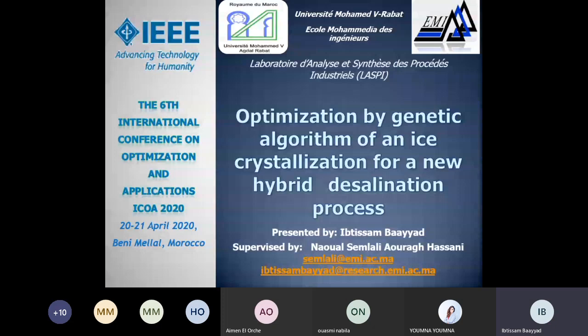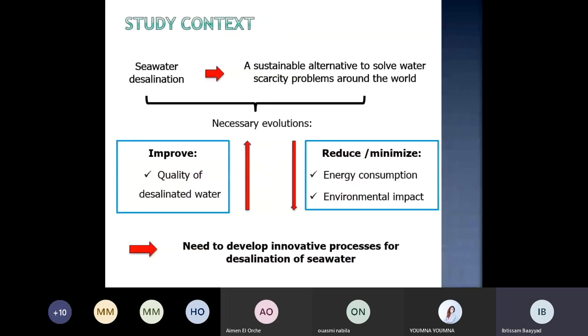Actually, many technological advances and innovations are trying to improve the industrial seawater desalination process, essentially to increase the productivity of desalinated water and reduce the environmental impact. Thus, development of a new sustainable process is among the most significant challenges.